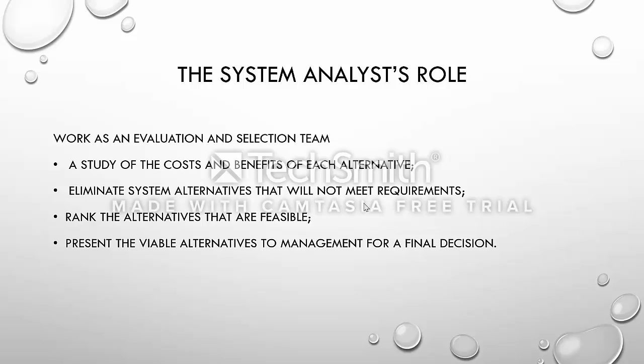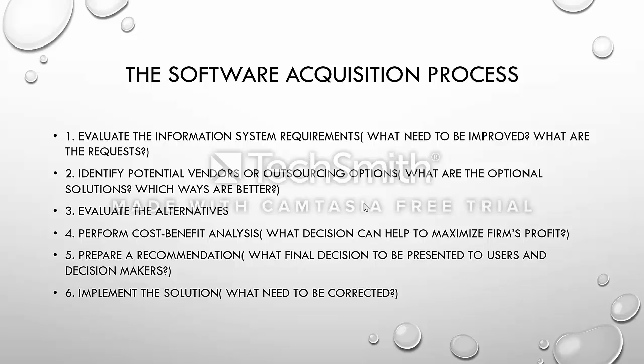The roles you play are to study the cost and benefit of each alternative, eliminate system alternatives that will not meet the requirements, rank the alternatives that are feasible, and present the viable alternatives to management for a final decision.